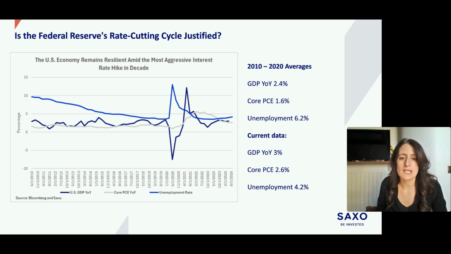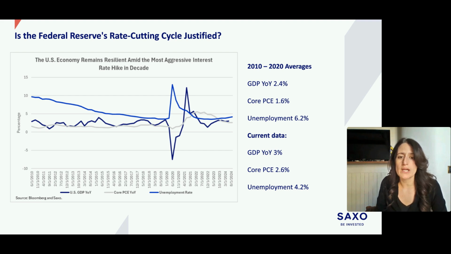The reason being is that there is in the economy some pockets such as services inflation that remains very elevated. Wages remain elevated. The labor market is not anymore tight, but is humming along, is going quite well.